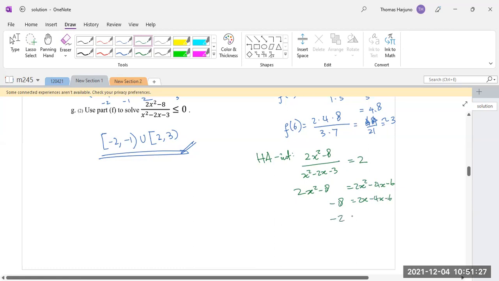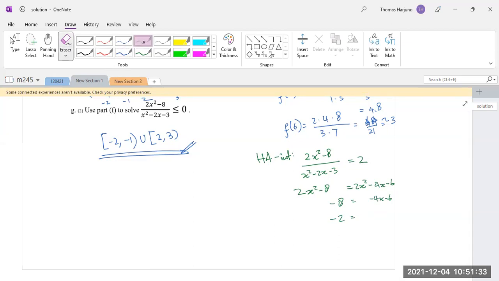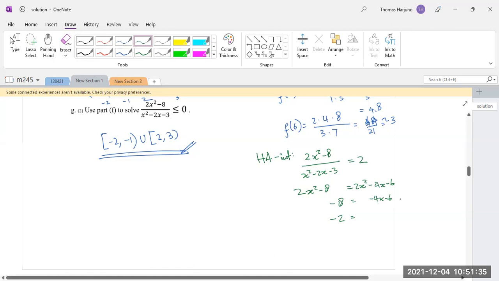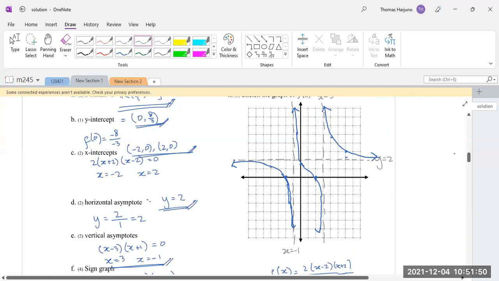This is negative 2 equals, this one already killed. So I add 6, so x equals 1/2. So we have the horizontal asymptote intercept (1/2, 2).